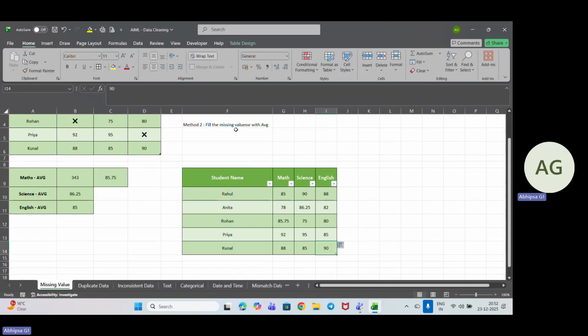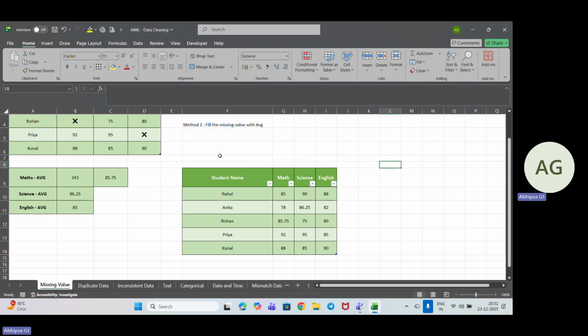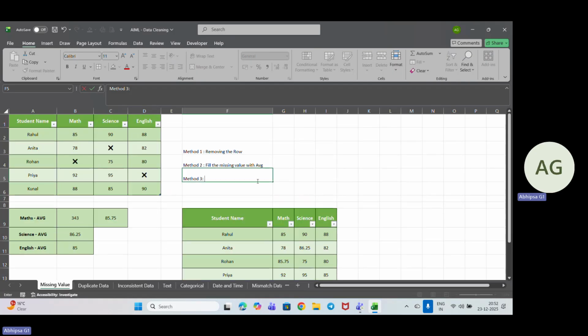The other way, method two, is filling the missing value with the average. Next, method three is the most common one, that would be filling the blank value with the previous value.